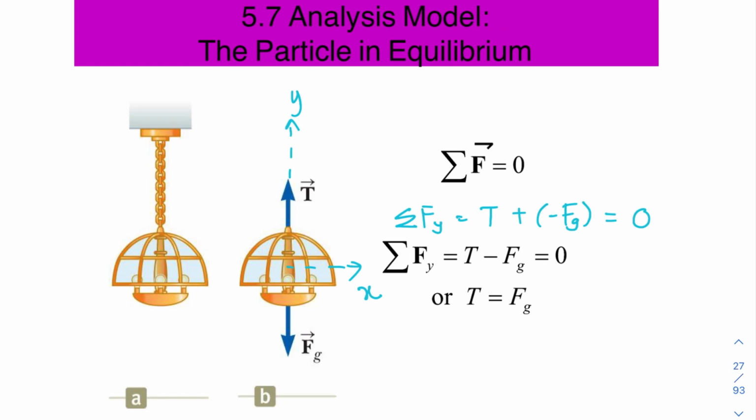So why does the weight have a negative sign? Because it's pointing downward, which is along the negative y-axis. From here, we can rearrange the equation. Then we will have T equivalent to Fg, or weight, which is equivalent to mg.